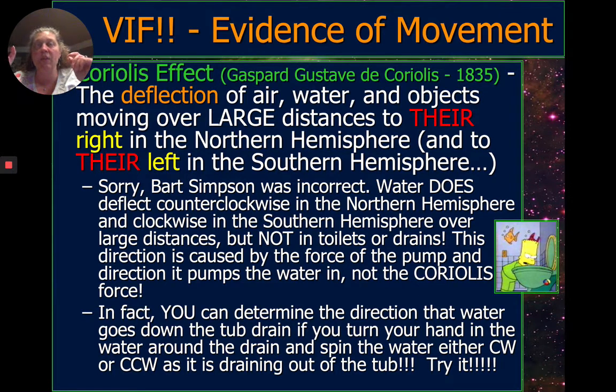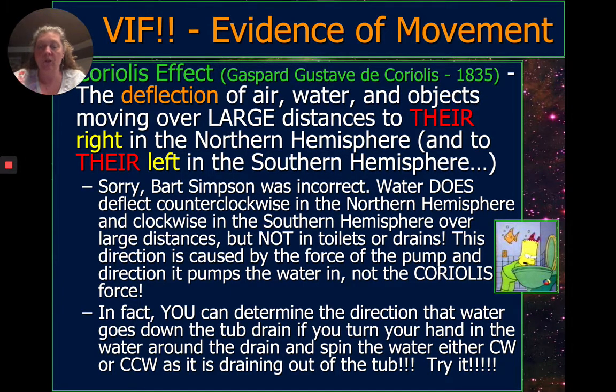That is mainly controlled by the shape of the bowl, the shape of the drain, and the direction that the pump pumps the water in. The Coriolis effect is only for free-flowing liquids, air or water, so air currents and water currents, or projectiles, planes, or rockets flown over very, very large distances on Earth. It's essentially due to the spinning of the Earth and the difference in velocities at different latitudes on Earth.